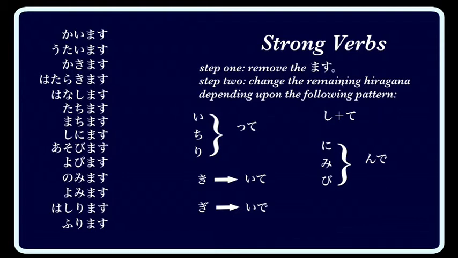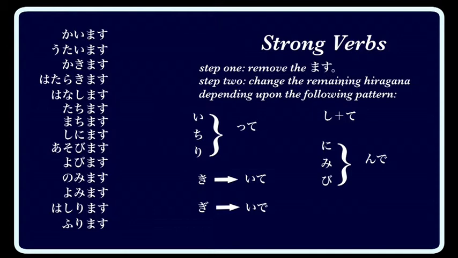Remembering i, chi, and ri all change to the little tsu te. Ki changes to ite, gi changes to ide, shi simply adds the te, and mi, bi, and ni take nde.